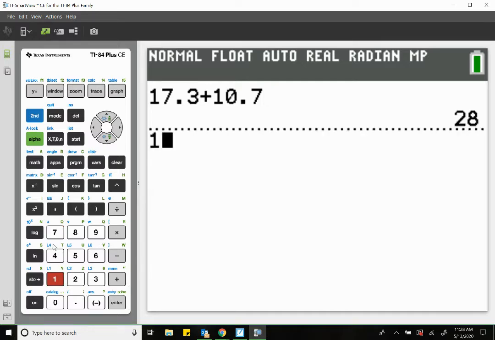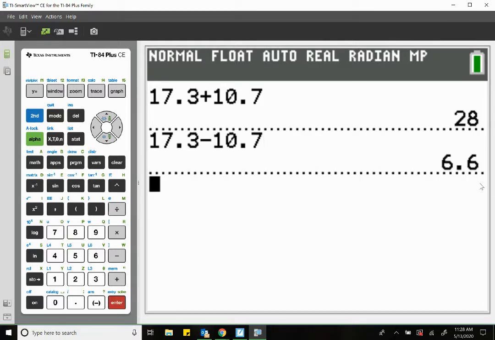And then if I take 17.3 minus 10.7, so 2/3 of my data, okay, 66% of my data should be between 28 vacation days and 6.6 vacation days.